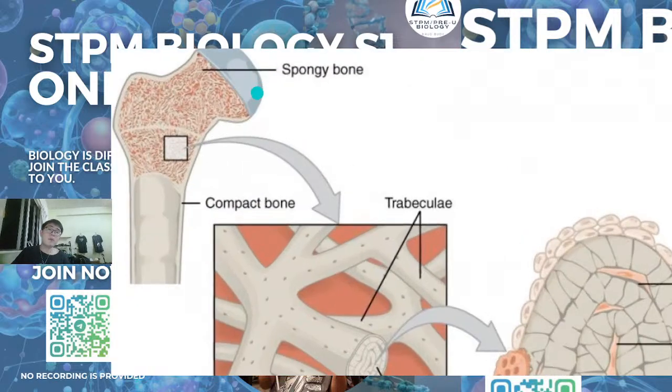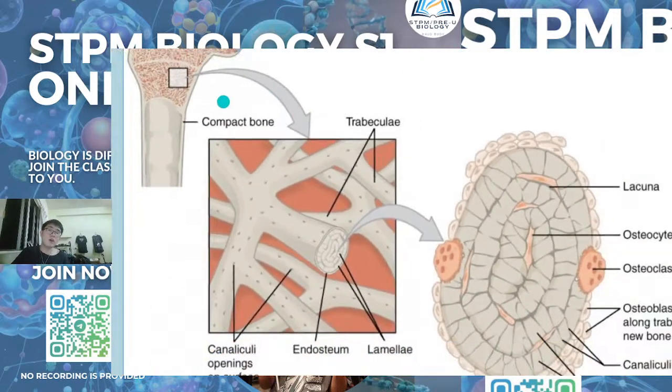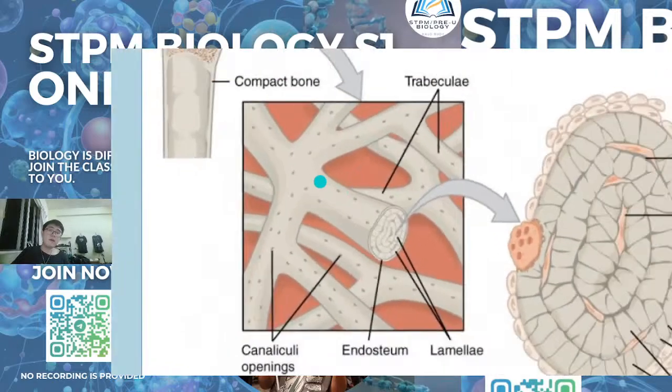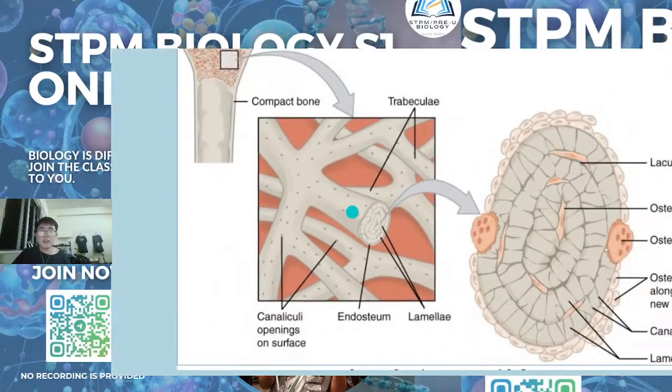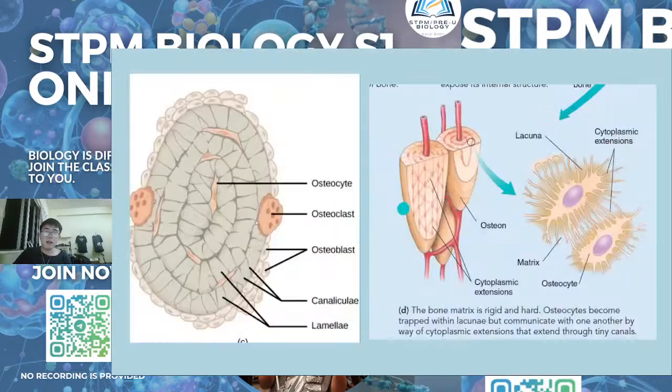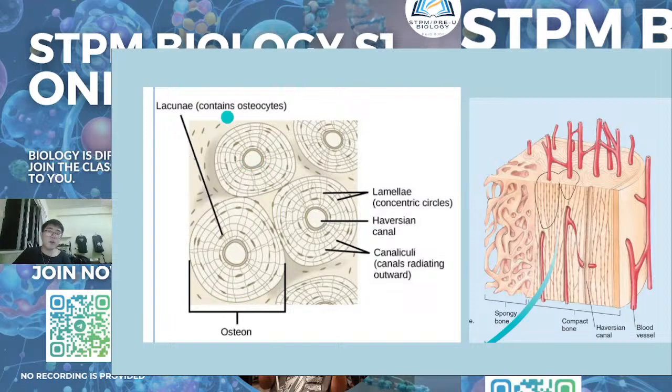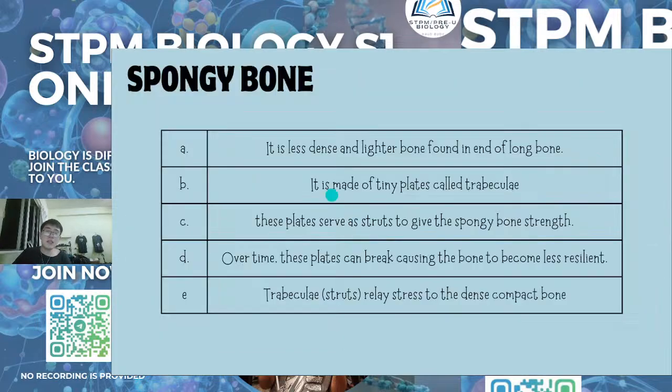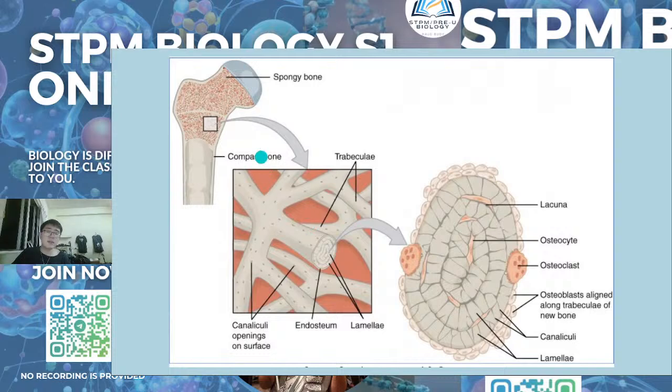So spongy bone, when you enlarge it, the structure is totally different from the compact bone. You see here, compact bone looks like this, with many nice circles like this. But spongy bone does not have them. Spongy bone is like tubes, interconnected to each other, related to each other.